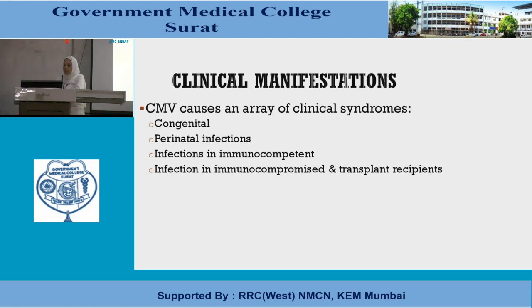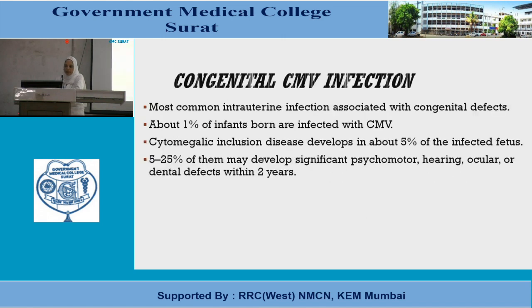Now coming one by one, talking of congenital CMV infection, it is the most common intrauterine infection associated with congenital defects. About 1% of infants are born infected with CMV, and cytomegalic inclusion disease develops in 5% of infected fetuses, and around 5 to 25% of them develop significant psychomotor, hearing, ocular, and dental defects within 2 years of life.